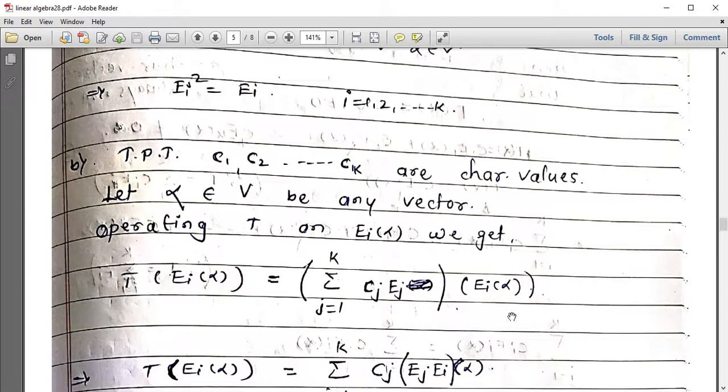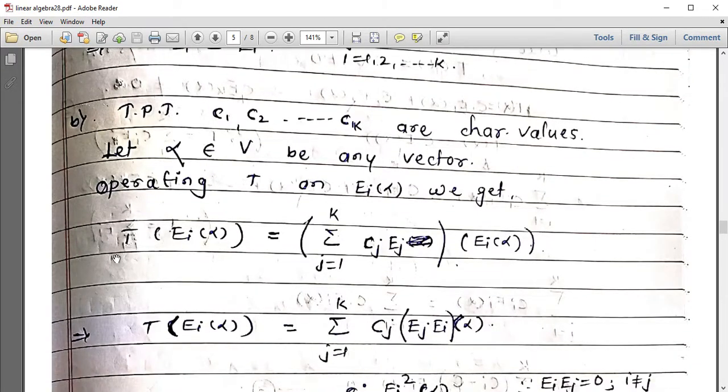Next, by associativity, this is the summation j equal to 1 to k of Cj into Ej Ei of alpha.